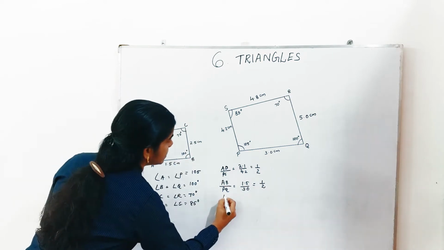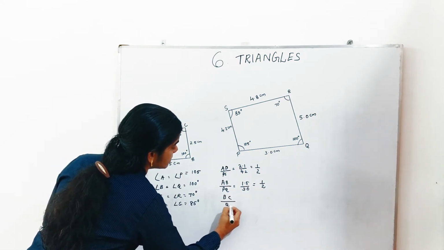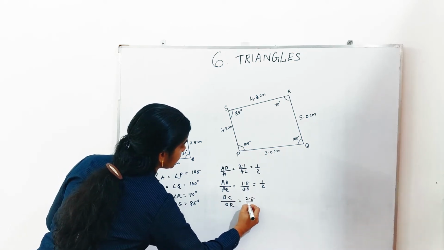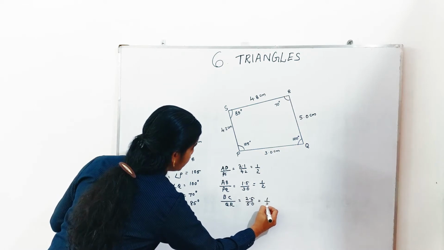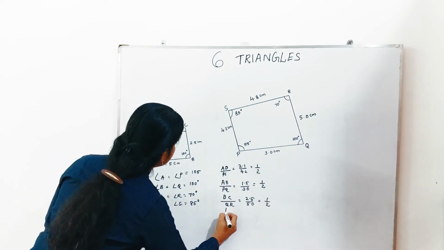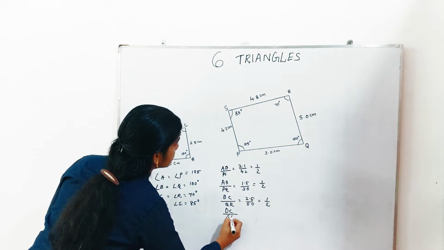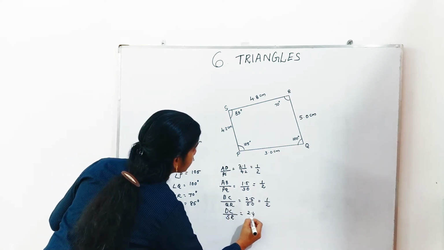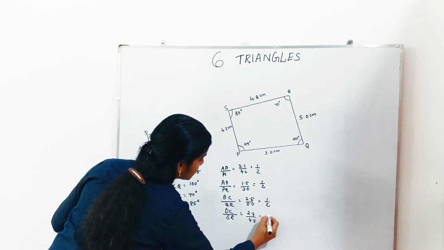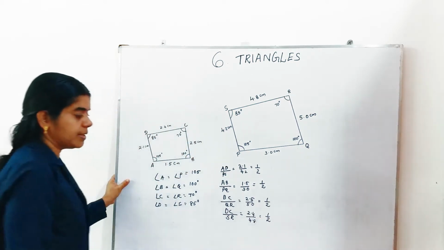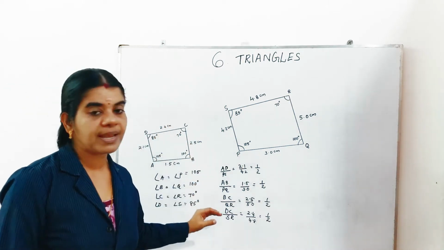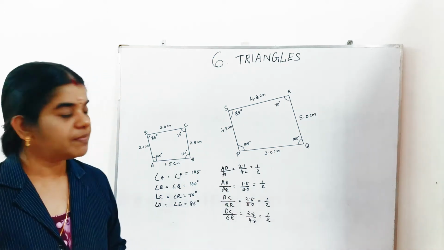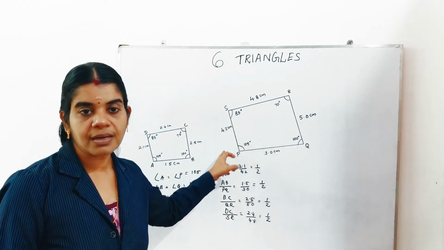Next, BC by QR is 2.5 by 5.0, that is also 1 by 2. Next, DC by SR is 2.4 by 4.8, that is also 1 by 2. So all the corresponding angles are equal and the corresponding side ratios are equal. So we can say that these two polygons are similar.